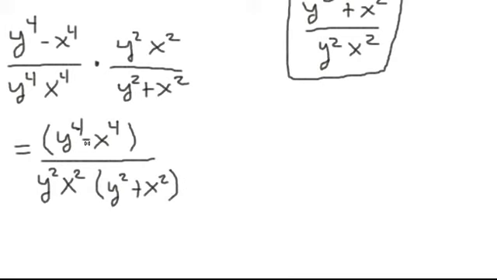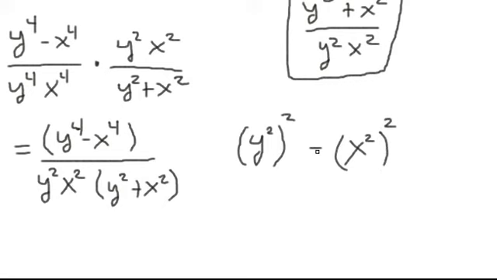But we're going to be able to factor this piece right here, and I'm going to do that right over here. This can be rewritten as y squared, and it's all squared, so 2 times 2, as you can see, is 4, minus x squared, and all that is squared. 2 times 2 is 4. But what we have here is we've got the difference of two squares.